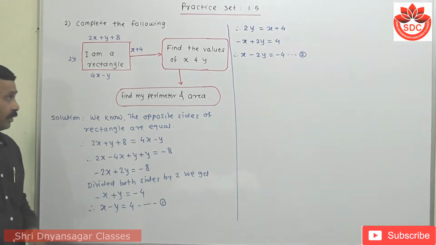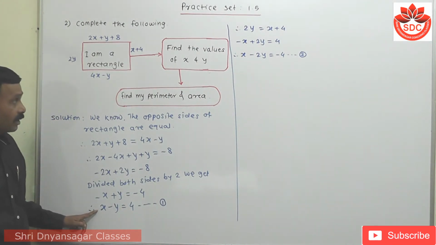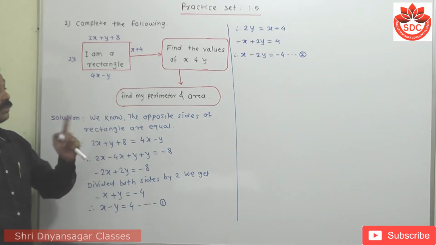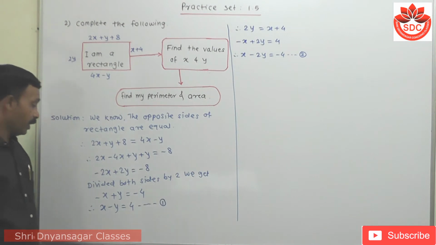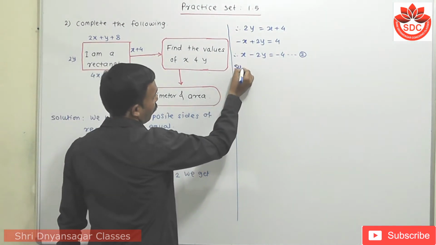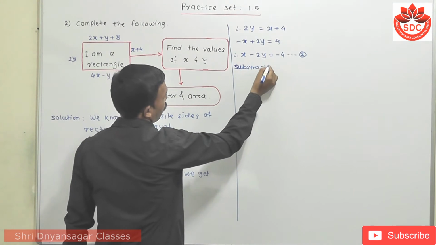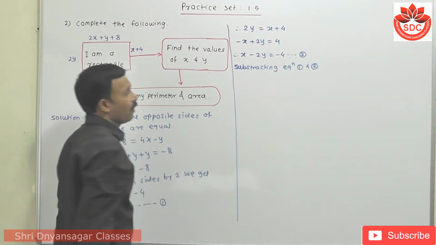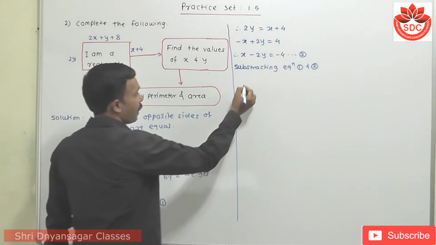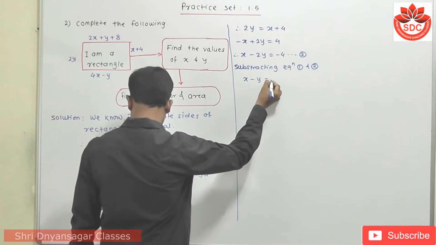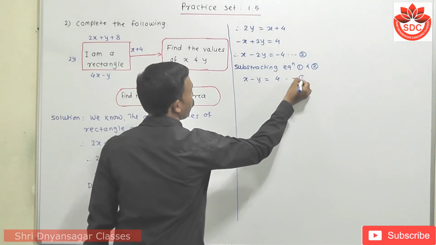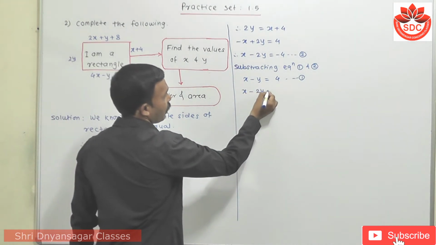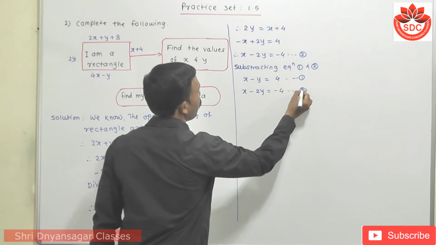Observe first and second. Now x, there is also x. Both have coefficient 1, having the same sign. So we subtract these two equations. Subtracting equations first and second. Now the first equation is x minus y is equal to 4, equation number first. And second is x minus 2y is equal to minus 4, equation number second.